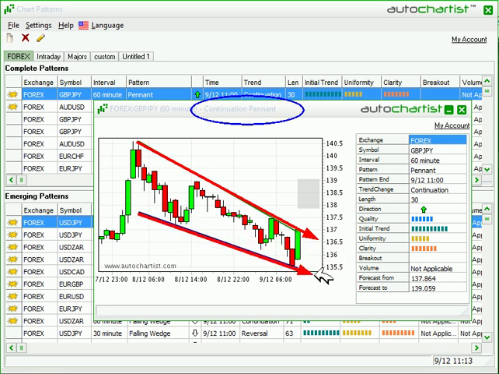Now when I go back to the 60-minute chart of the pound yen, I know that if the market cycle is heading down, then I can consider this to be more of that falling wedge here that I'm annotating.